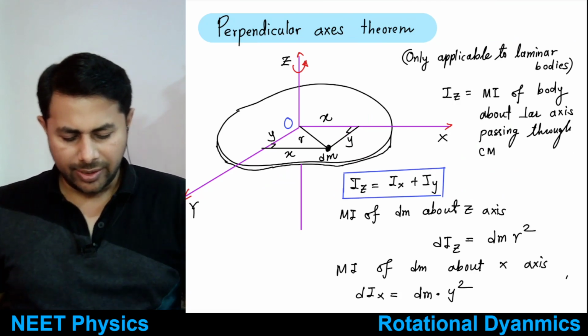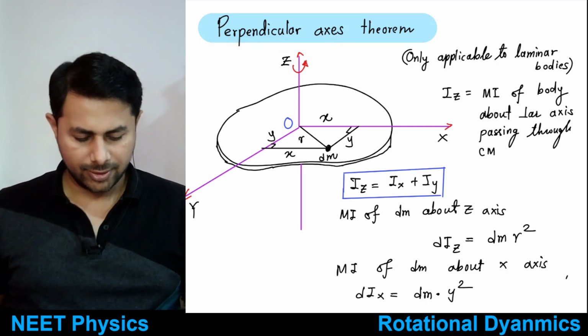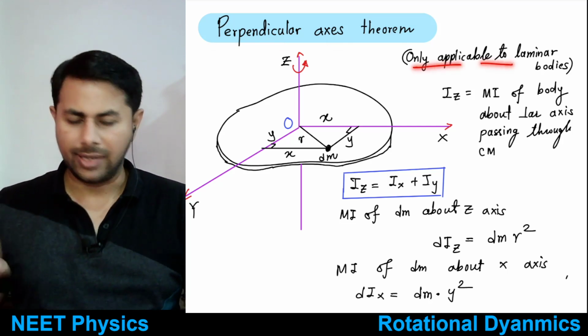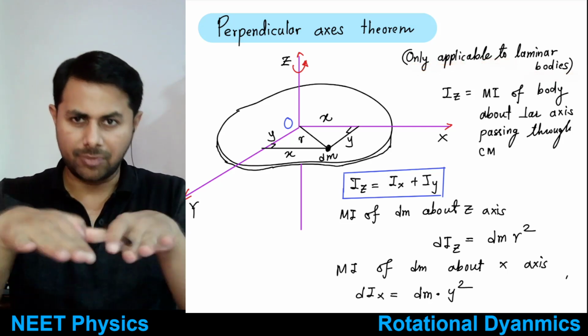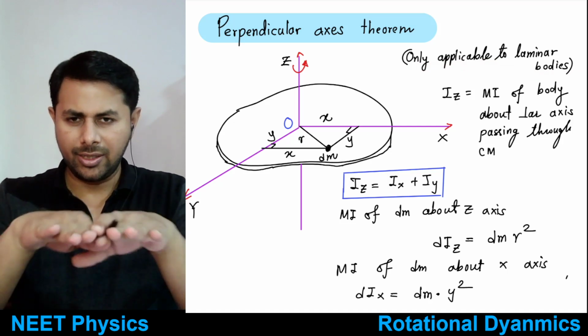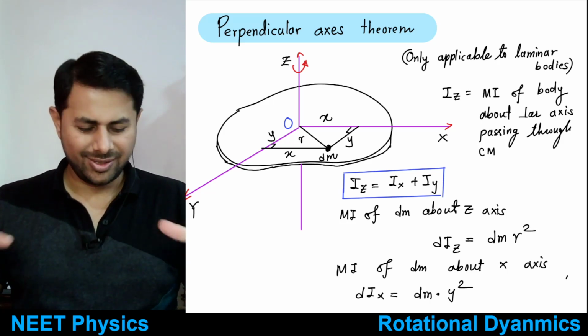Okay, so first one, let's talk about the perpendicular axis theorem, right? So this perpendicular axis theorem is only applicable to laminar bodies, planar objects. So bodies which you can keep in a plane, or on a flat surface, right?